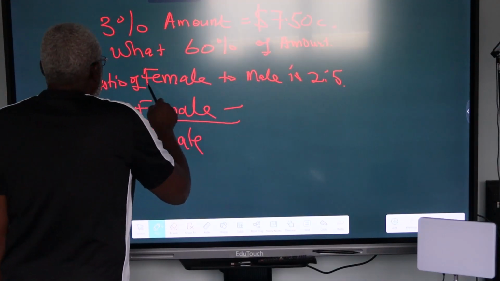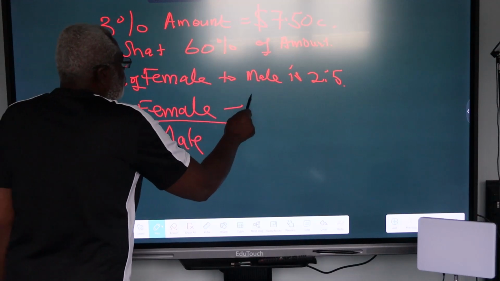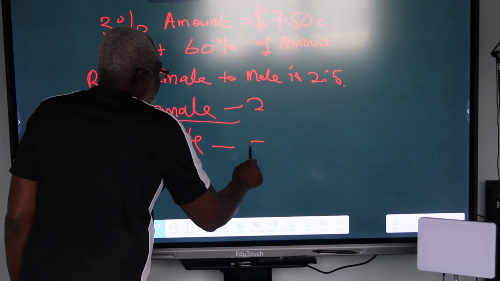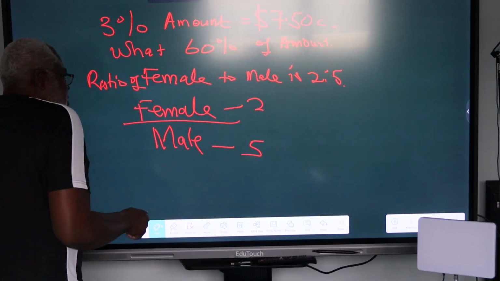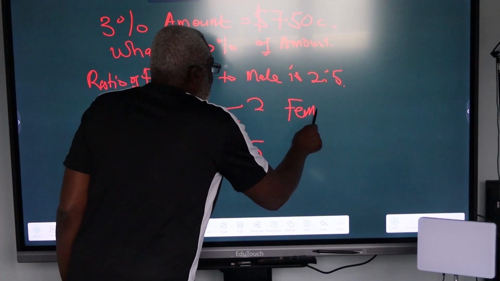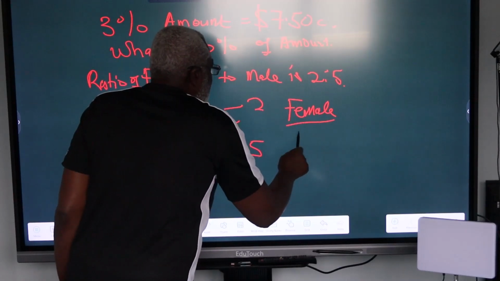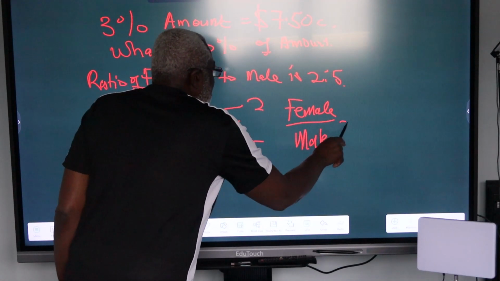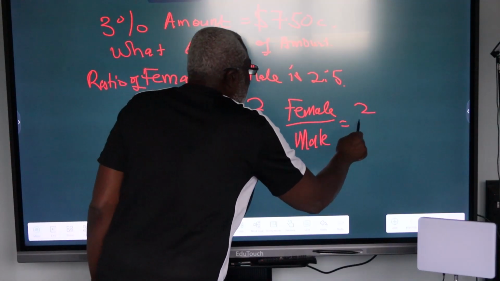Female is 2 and male is 5, which means that female divided by the number of male equals 2/5.